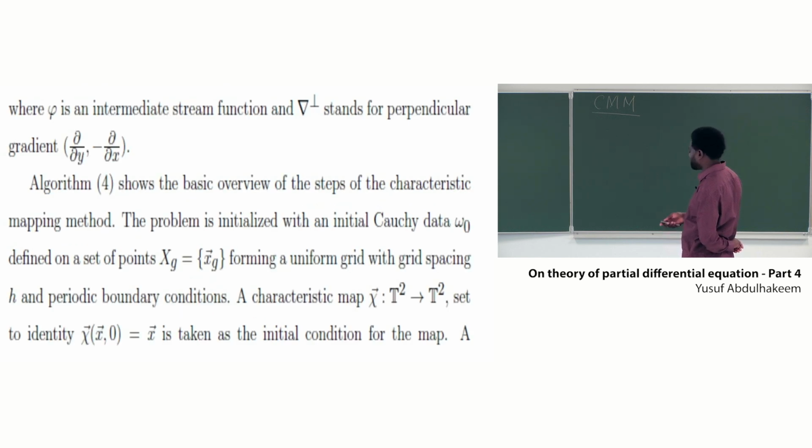The interpretation of the perpendicular gradient implies this, that is, the vector (d_y, minus d_x). That is how we obtain the perpendicular gradient.